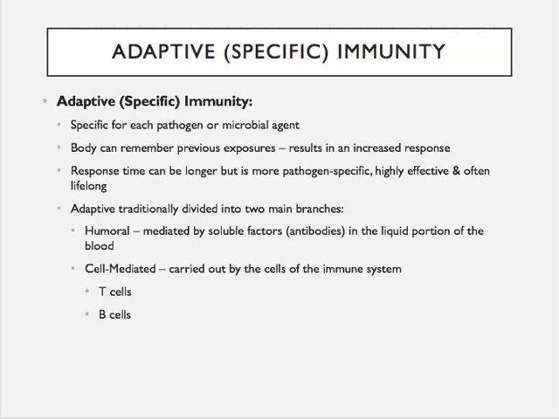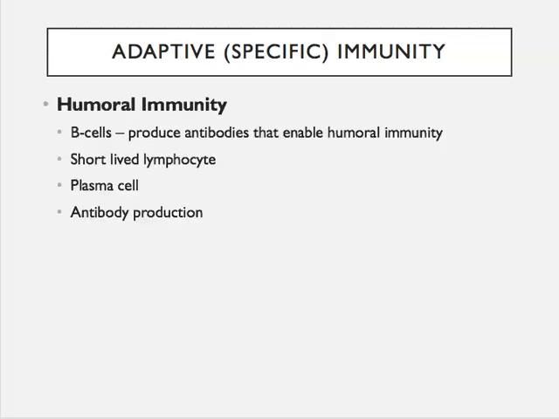So adaptive immunity traditionally has been divided into two main branches, where you've got humoral immunity and cell-mediated immunity. So your humoral immunity is mediated by soluble factors. So those are your antibodies in the liquid portion of the blood.